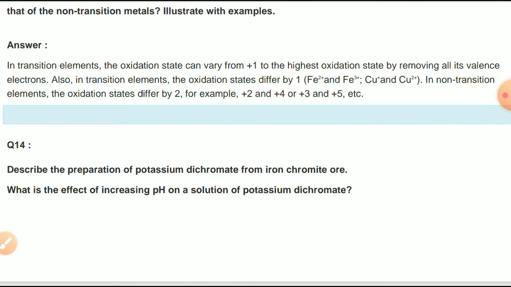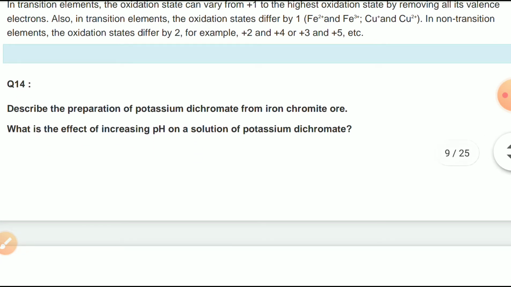Also, for the transition elements, the oxidation state differs by 1, Fe2+ to Fe3+, Cu+ to Cu2+, etc. In non-transition elements, the oxidation state differs by 2. Example, +2 to +4, +3 to +5, etc.